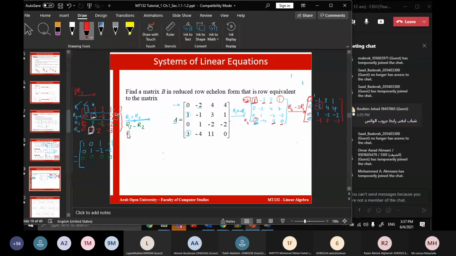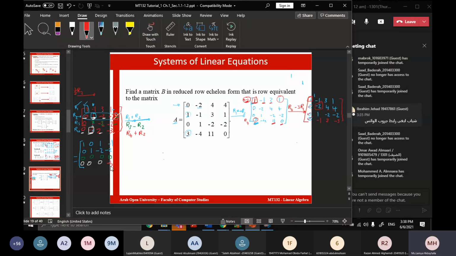Okay. And my new R4 is equal to the previous R4 plus R2. So let's find it. 0 plus 0, minus 1 plus 1, 2 minus 2, then minus 3 or minus 2 is minus 5.